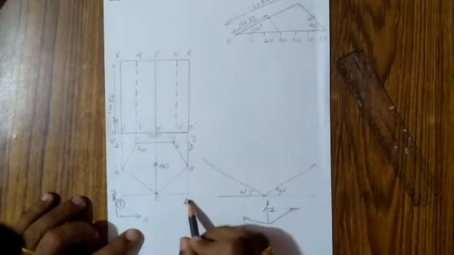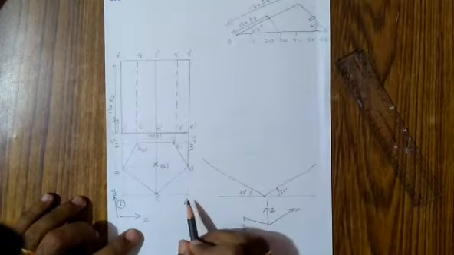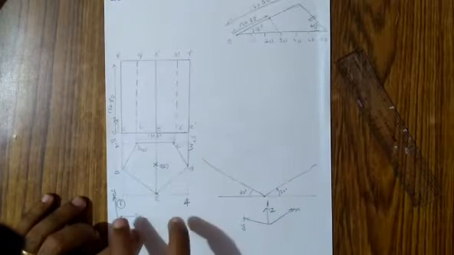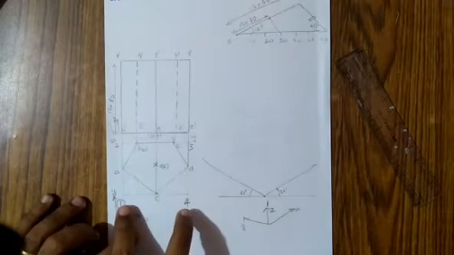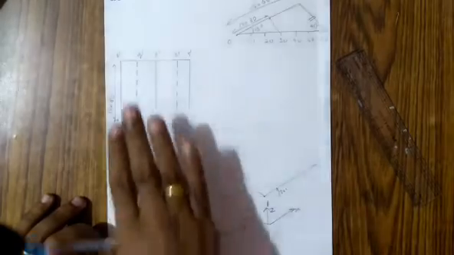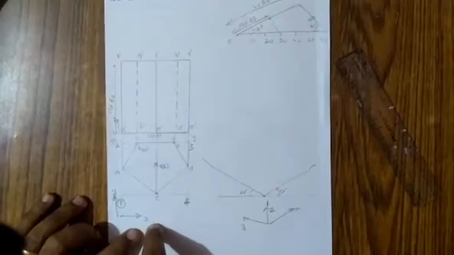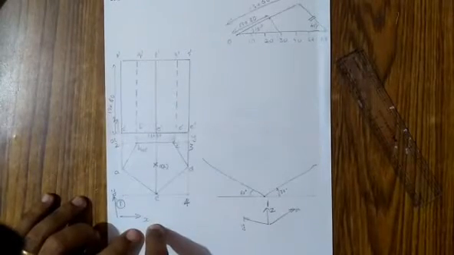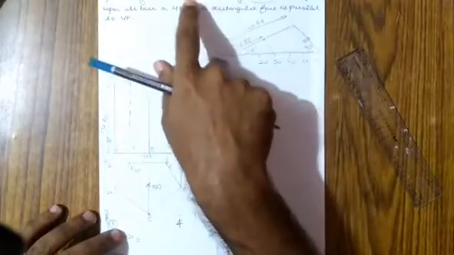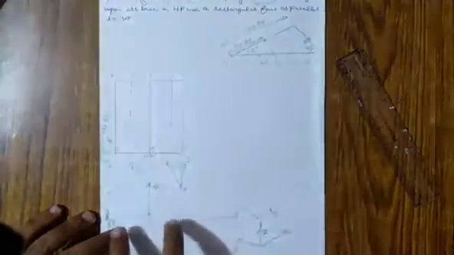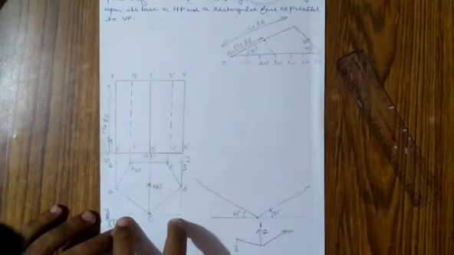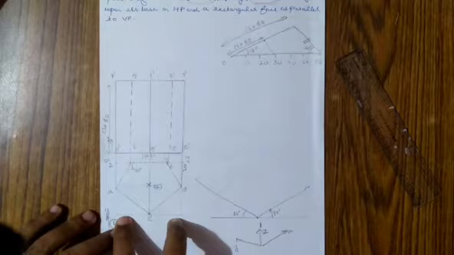From 1, if you are moving in the X direction, the next point is 4. So what you have to do is take the distance from 1 to 4. Please note that this has already been drawn using the isometric scale, because the question was to draw the isometric projection. So this has already been drawn with isometric scale.